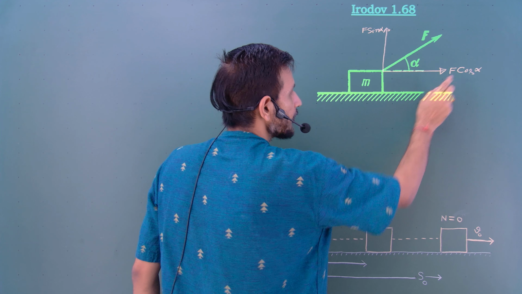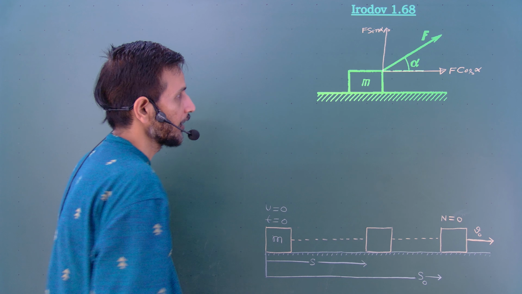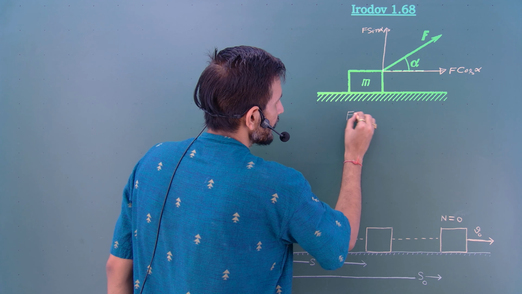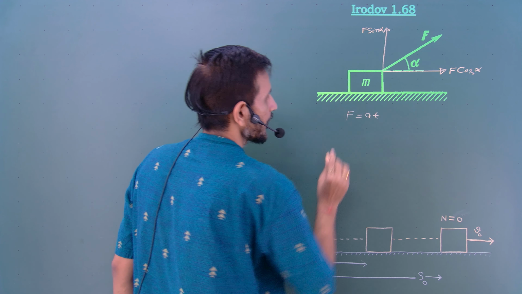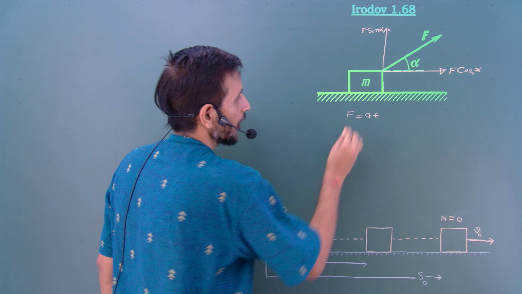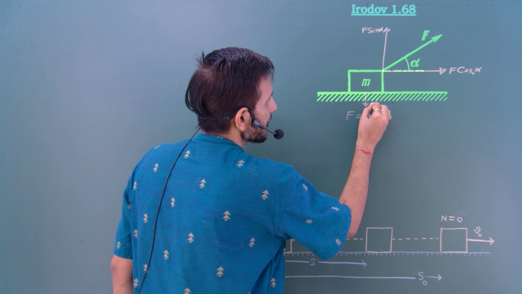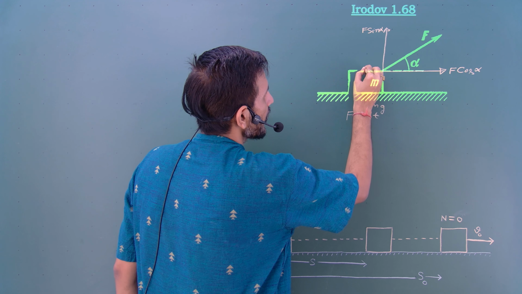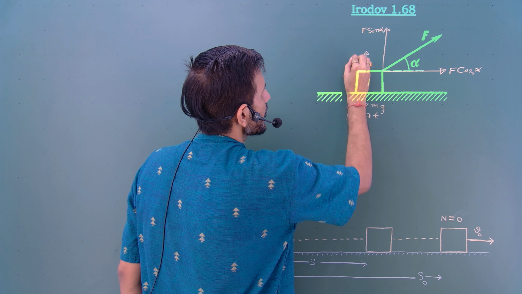The value of F increases with time. In the question it is given that F equal to At, where A is a constant. Now mg will act in this direction and normal in up direction.